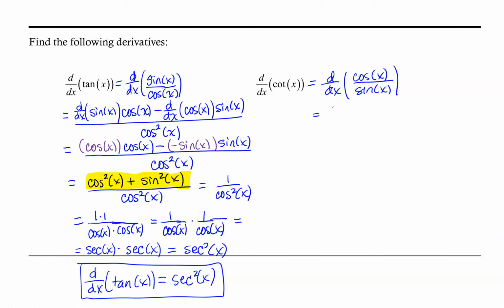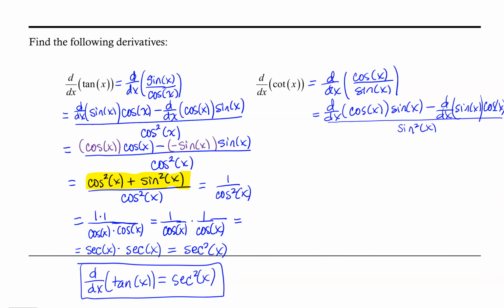So this is going to be the derivative of the numerator, so cosine of x, times the denominator, sine of x, minus the derivative of the denominator, sine of x, times the numerator, cosine of x, all over denominator squared, so sine squared of x.